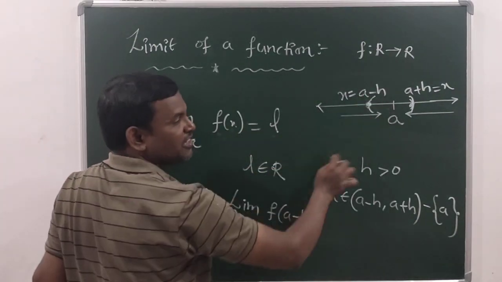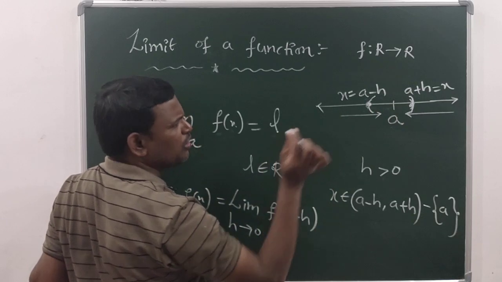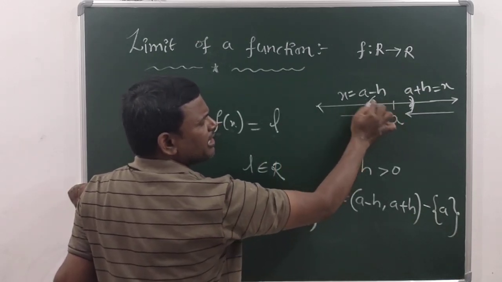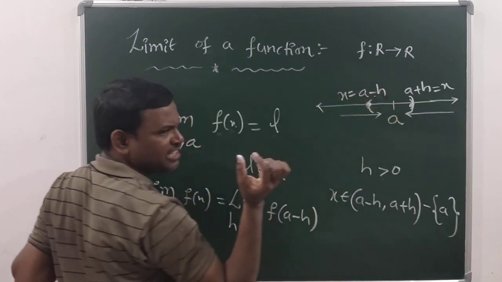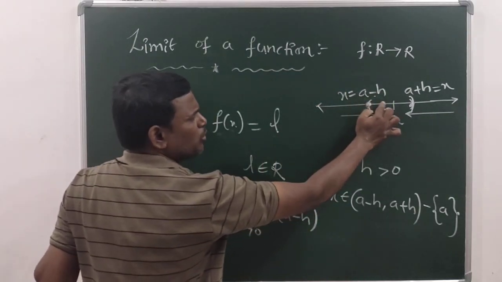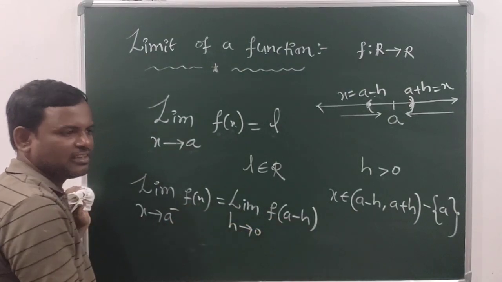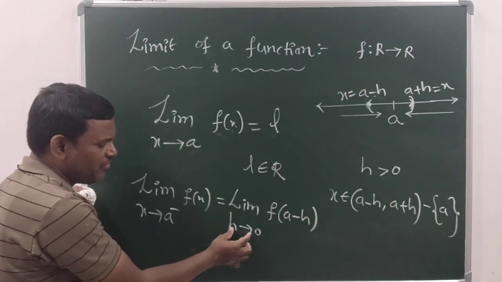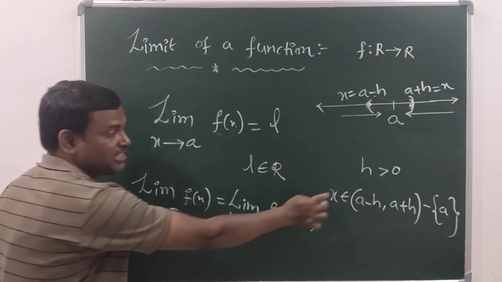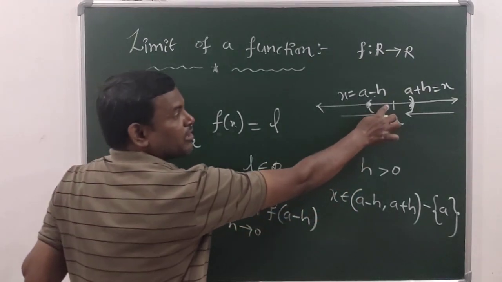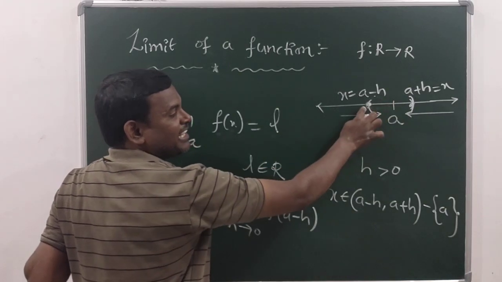This a minus h. When h is very close to 0, this x reaches a. When the h value is decreasing, this x closes to a, no? So that I replace x by a minus h when h approaches 0. As I said to you, h is positive. What is h? The gap between a and x.